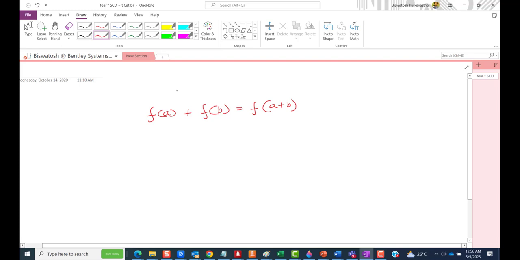Now let's store this value somewhere. And in another case, we are getting a response when both A and B are acting together as an input. Here A and B were acting individually, in separate situations, and we have just algebraically summed them up. But here A and B are acting together, and this is the response that we are getting from this.